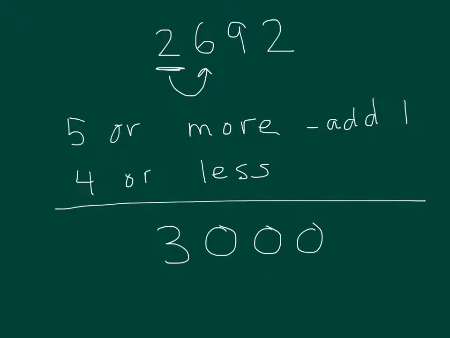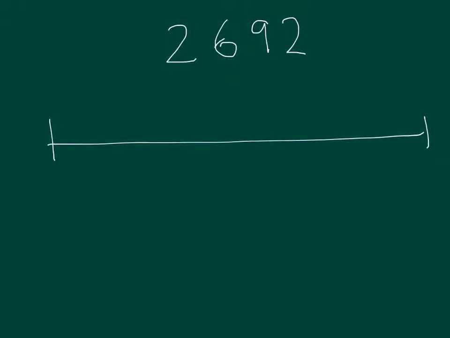Not too bad, right? Now I'm going to show you one more, same number, using a number line. Okay? So I'm going to rewrite that number again, 2,692. Now we're going to use a number line. So which thousand is before this number here, 2,692?